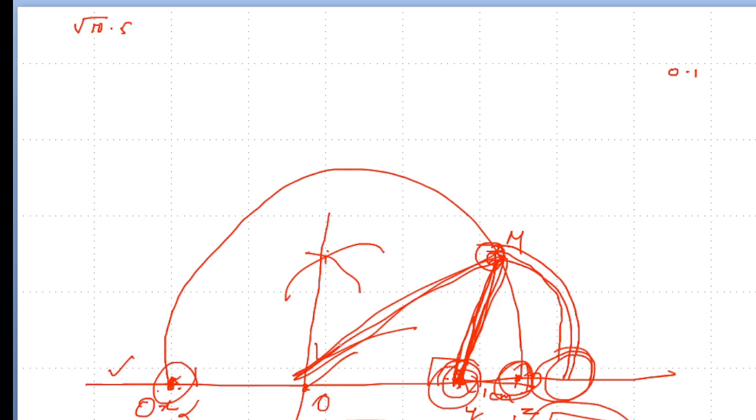Now take OM as the circle radius and make another semicircle; where it meets will give you the square root of the real number. Like this you can make the square root of any real number.